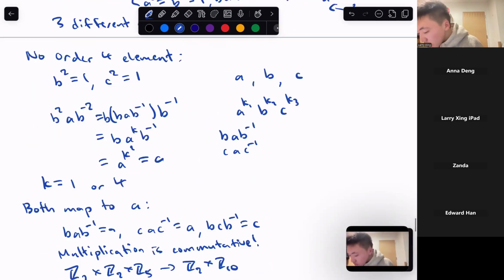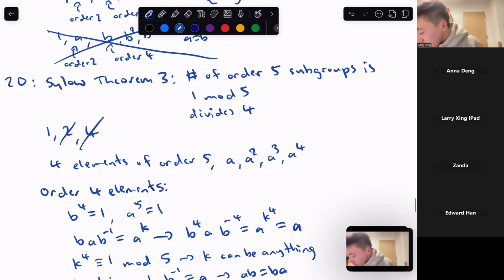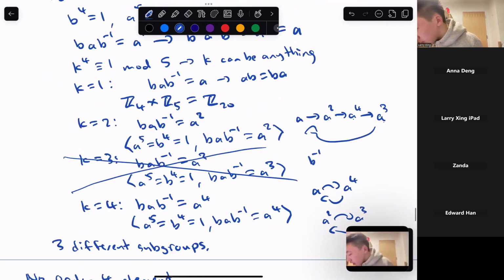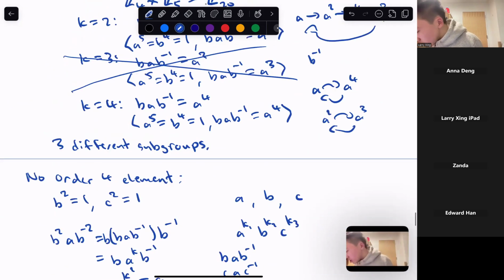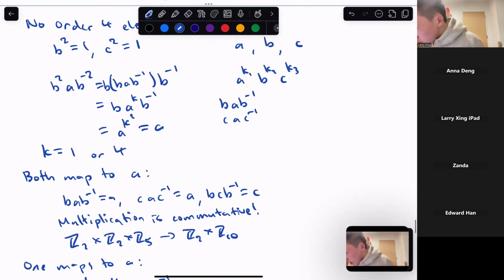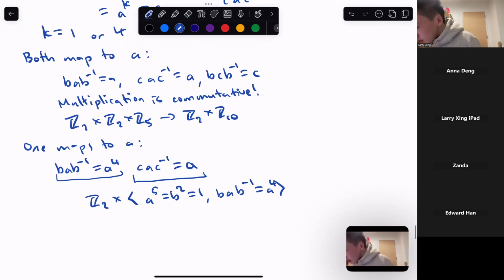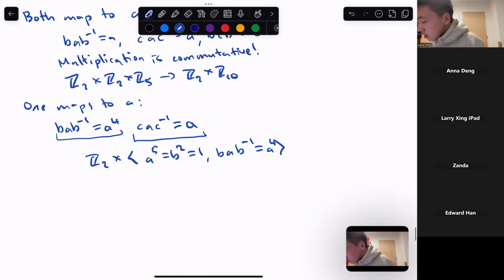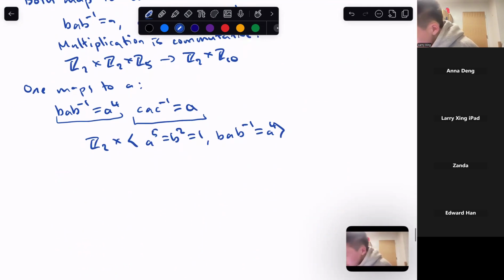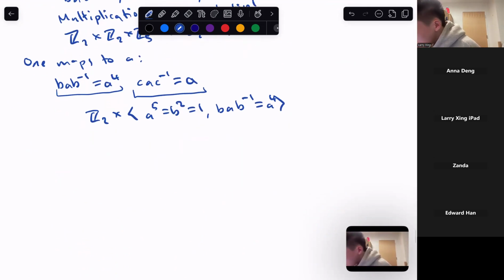Well, if there is an order 4 element, then obviously it's not isomorphic to it. And if there is no order 4 element, since we know that b to the negative one is not a, that means that this is not actually isomorphic to our commutative group. So this must define a new group.